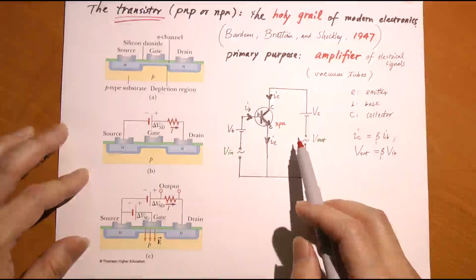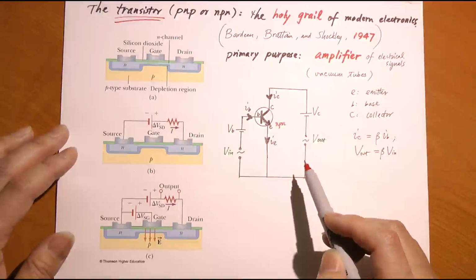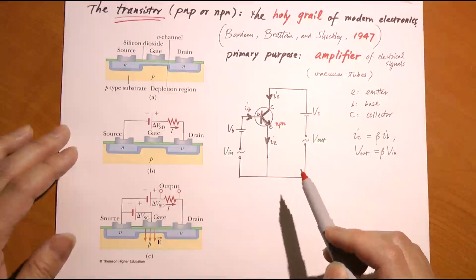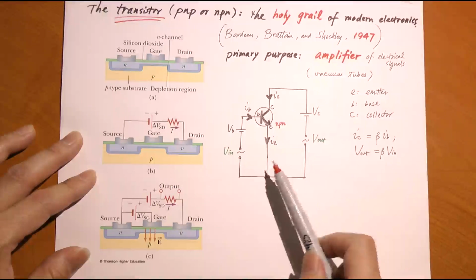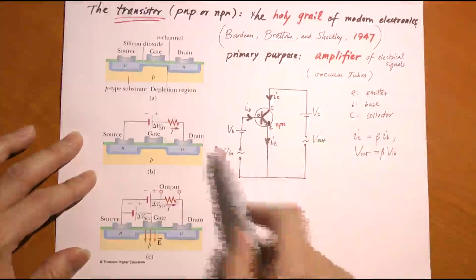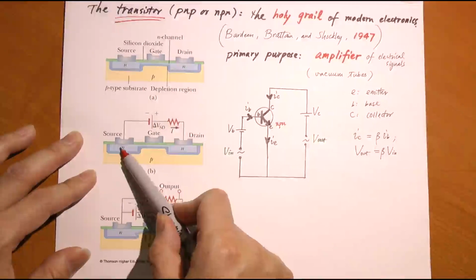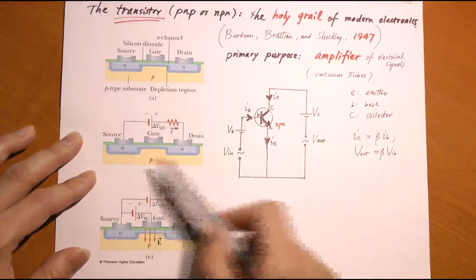So here's how it goes. How does this PNP or NPN junction produce an effect of amplification? All right. Using NPN as an example, right? You got electrons coming out from here. The electrons are emitted from this side. So it's called emitter.